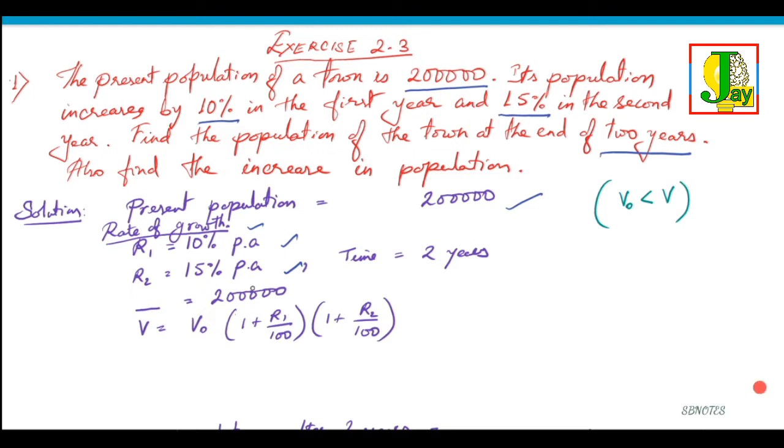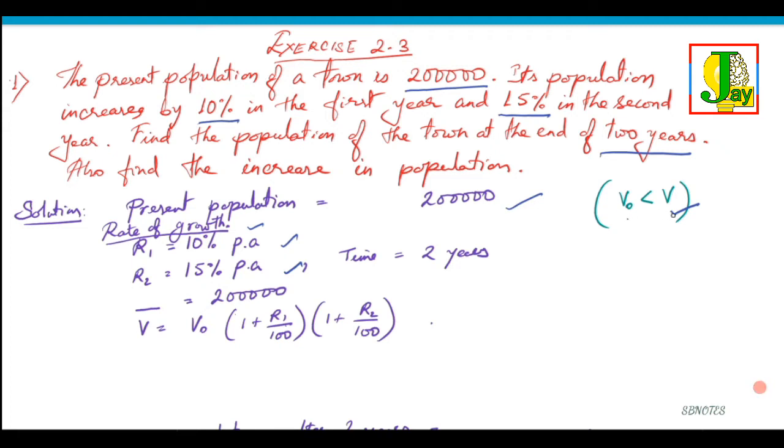Now since we have two rates of interest, R1 and R2, remember the formula we have seen in the last class. We are going to find the population after 2 years, and obviously since it is a growth problem, after 2 years the population will be larger than the population we have now, and hence the final amount is larger than the initial amount.